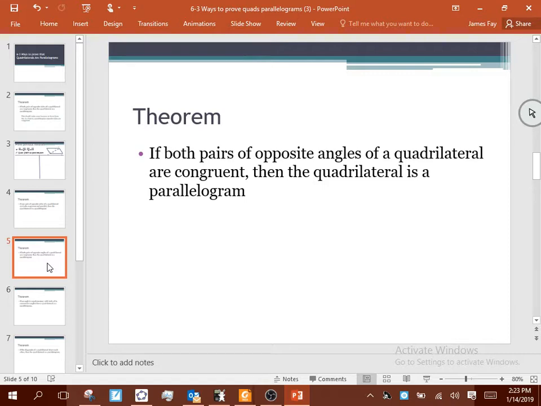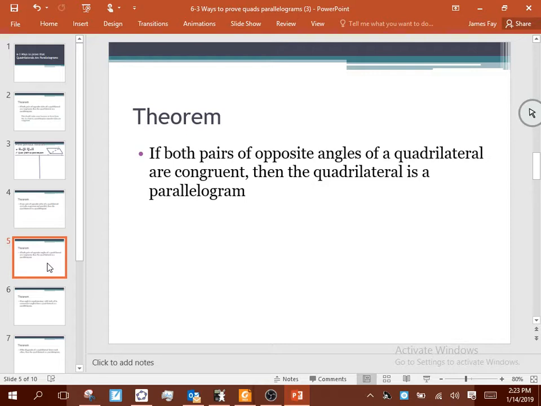Okay? And based off of maybe information that we already have or information that's being provided in the problem, it might make more sense to use this theorem than the previous one. Or maybe it makes more sense to use the previous theorem over this one. Okay? When we're working in the coordinate plane.